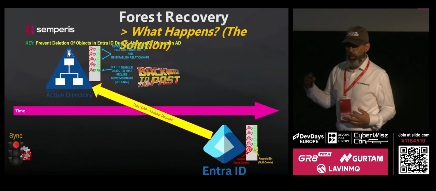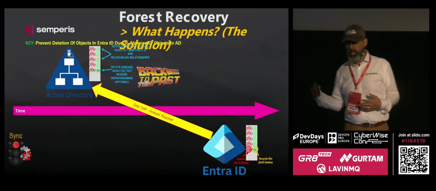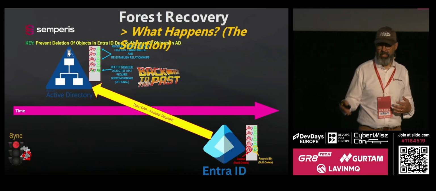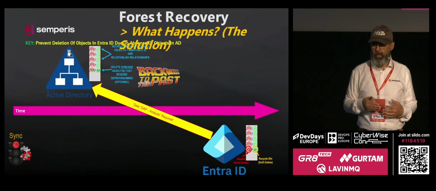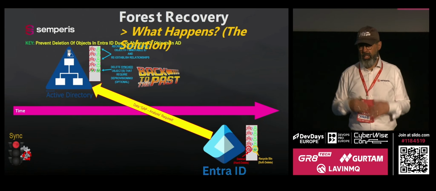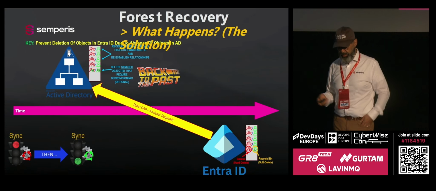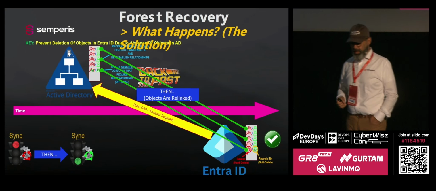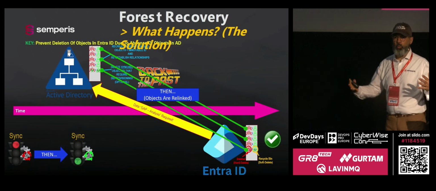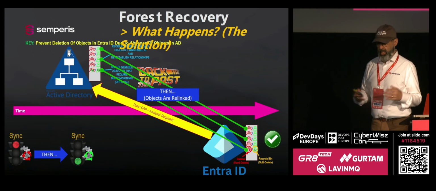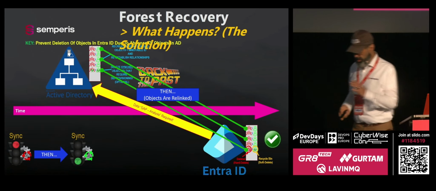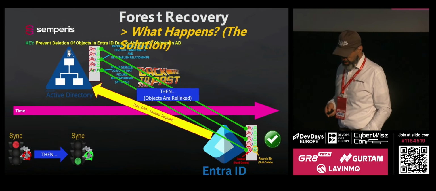Entra ID will be able to tell you what that immutable ID is, and then after recreation of that object in AD, you populate that immutable ID, you have applied the glue, and then those objects will happily sync together. Because if you turn on the synchronization, instead of deleting, they will be relinked together again, as if nothing happened. This is the goal that you want to achieve.